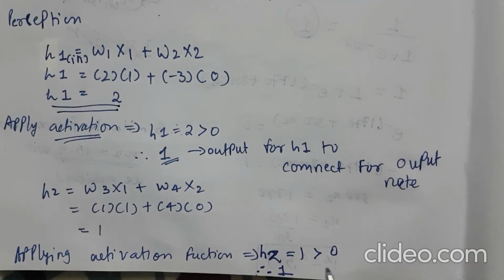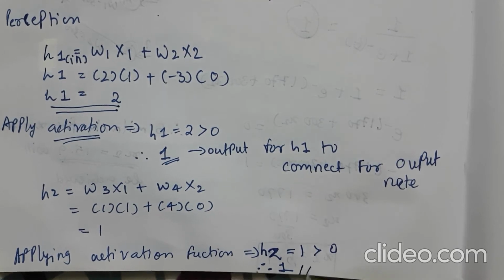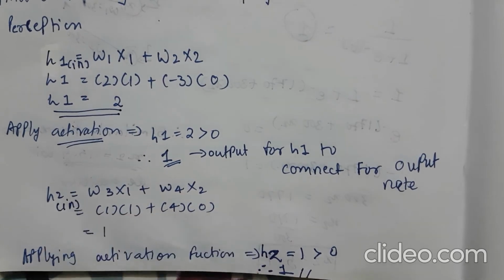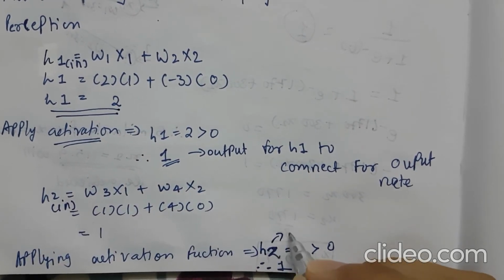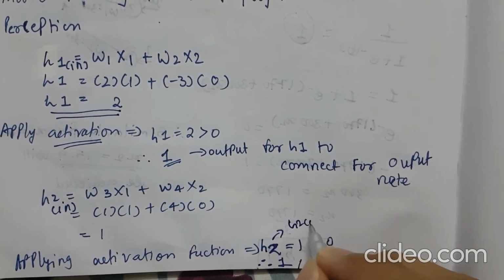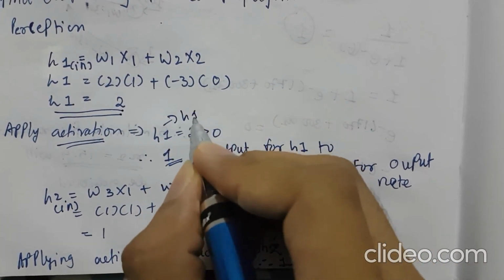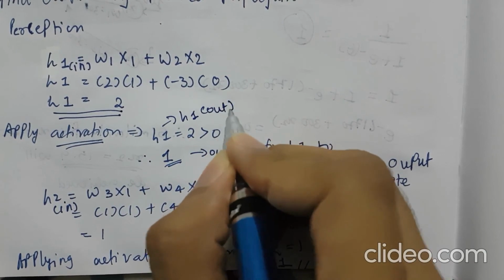Again applying the activation function, h2 is 1, which is greater than 0, so our h2 out will be 1. So this is our h2 in, and after applying the activation function, this is our h2 out. Same for h1, after applying the activation function it becomes h1 out.